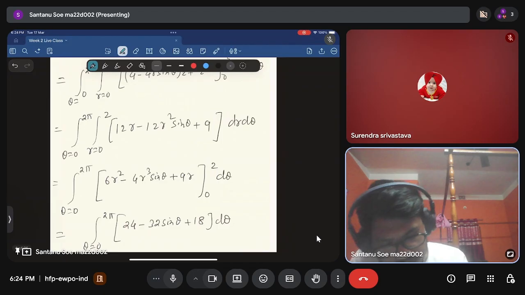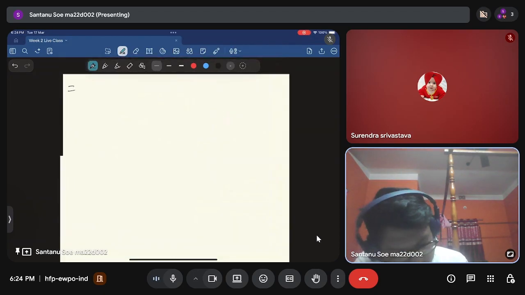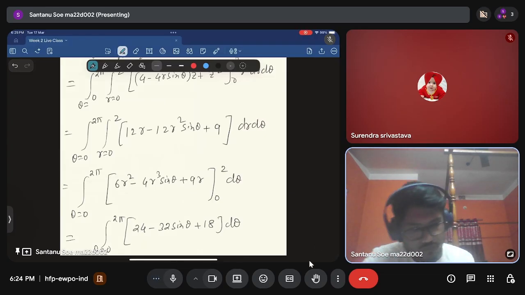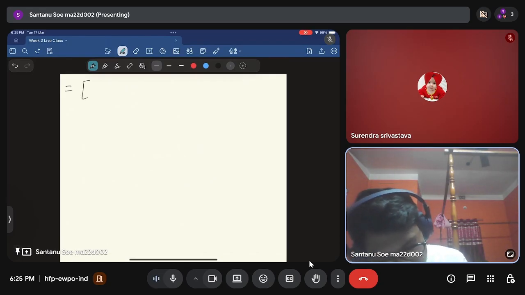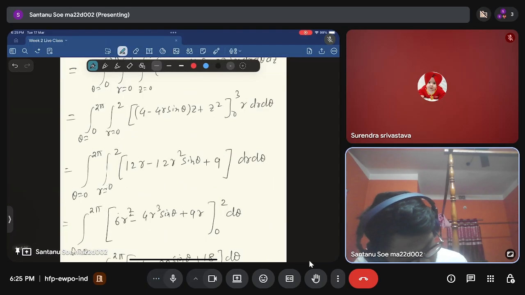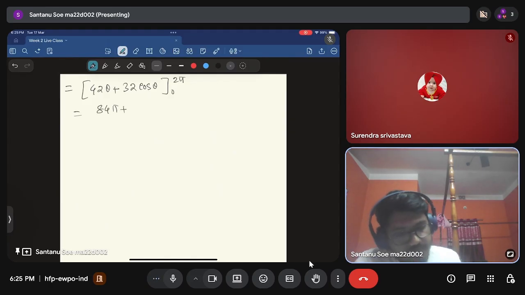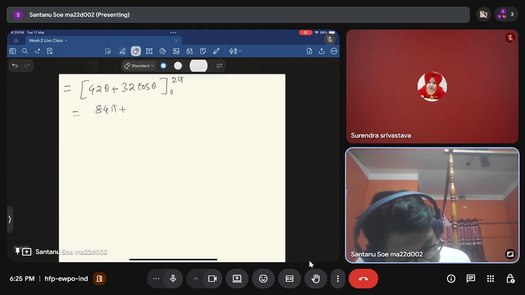Okay, so this is going to be 42 theta plus 32 cos theta, from 0 to 2 pi, right? So this will be 84 pi, and I think the other term will be 0. So this will be 84 pi.